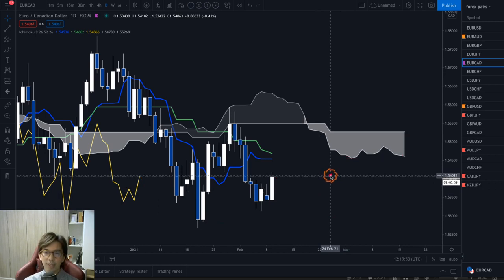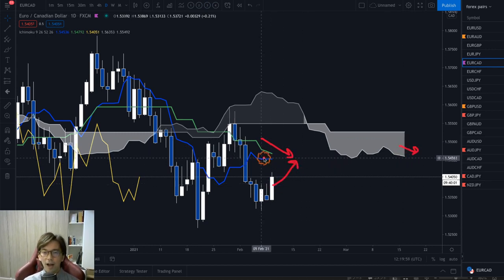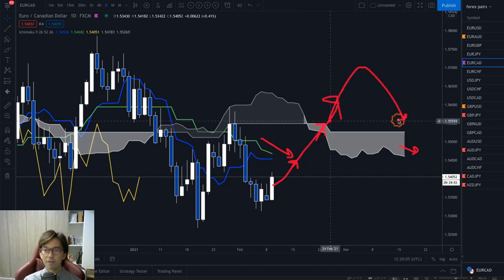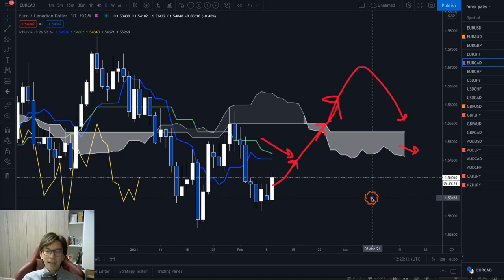So in this case, this Kijun Sen angle and the Senkou span A angle become fake, and the market can come back to either Kijun Sen or all the way up to Kumo. It might break Kumo too, and come back to Kumo afterwards because it's in a range market as a whole picture. So hopefully you can understand what I mean by this Senkou span A, B angle and Kijun Sen angles.